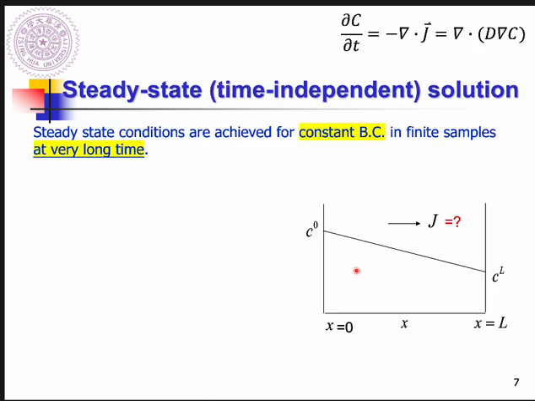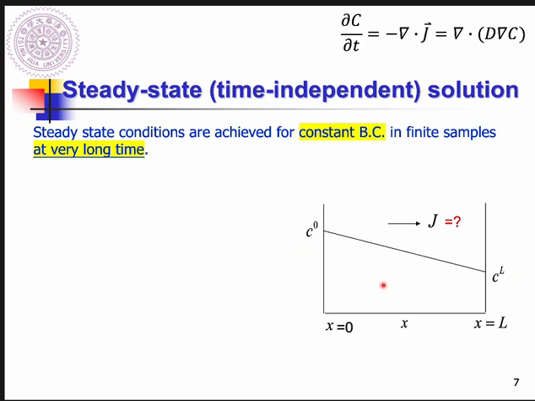So starting from the simplest one, which is the steady state solution or steady state conditions. What we have here are chemical solutions within what you can consider a dialysis tube. At the two ends of the dialysis tube, we keep the concentrations C0 and CL constant.